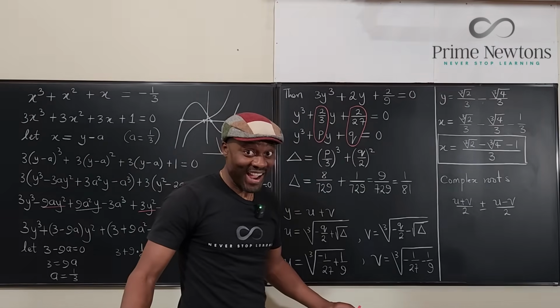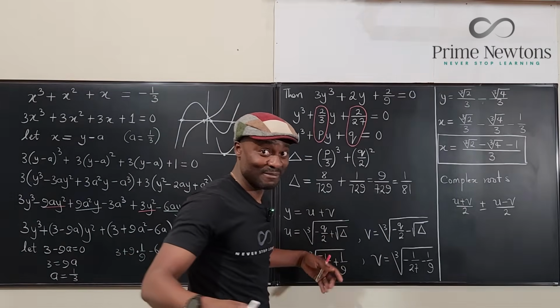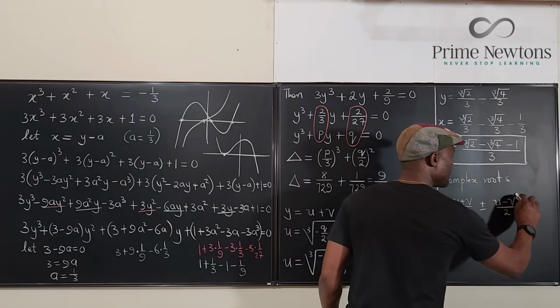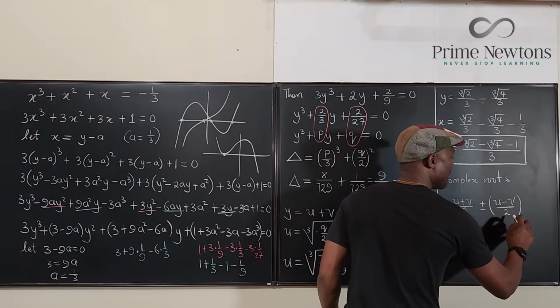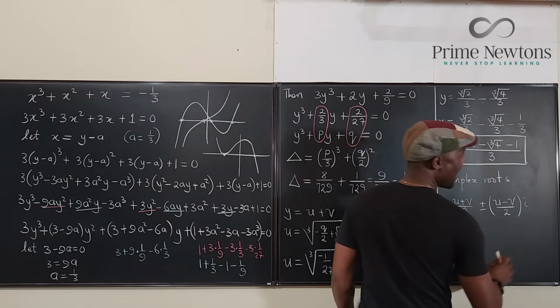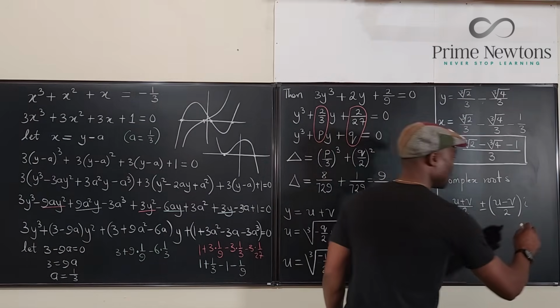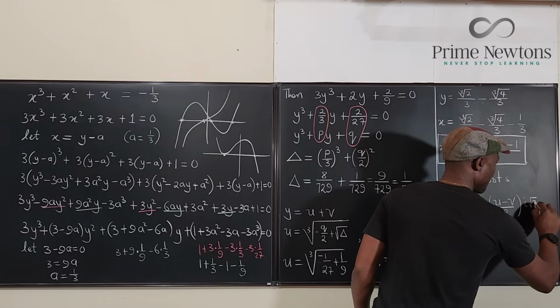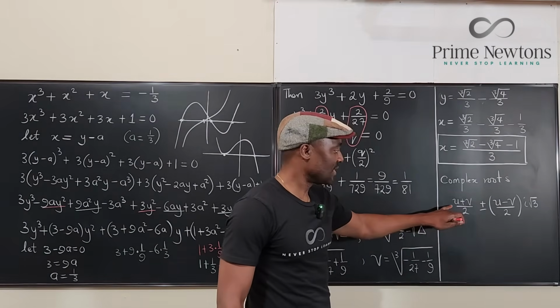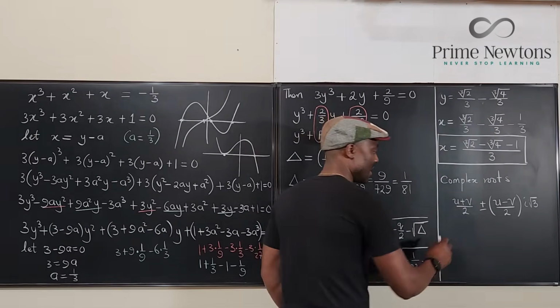See, it's easy, right? Remember, it's supposed to be complex. So here, you're going to multiply this one on the right by imaginary square root of 3. So that's what makes it complex. And on this side, you just need to put a negative sign in front.